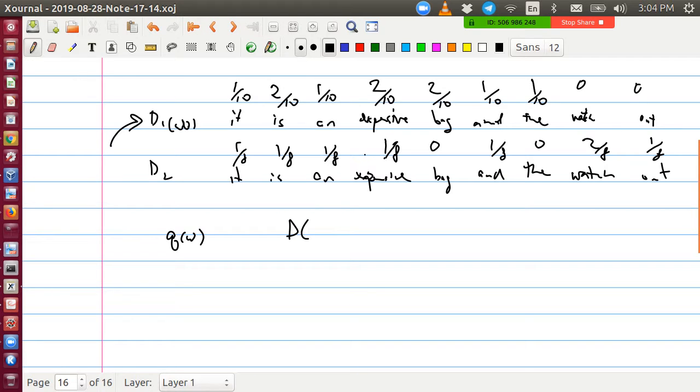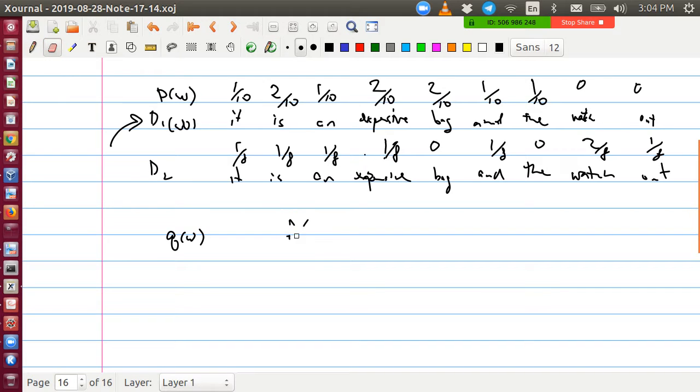Let's say this distribution is P(w) for document D1, and the other is Q(w). Sometimes I use D for KL divergence, because sometimes people use D, sometimes KL, but it's referring to the same thing. But let me stick with KL here.